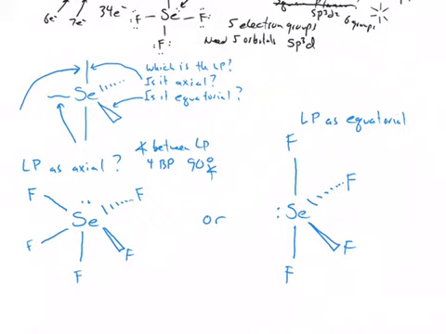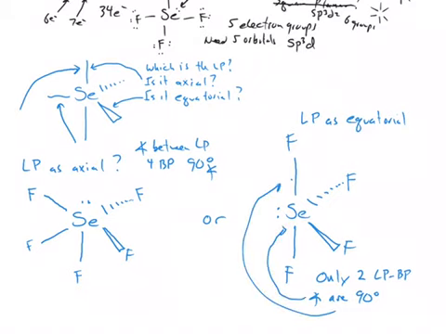Now what you can see is only two lone pair to bonding pair angles are around 90 degrees. Okay, so right here and right here. And the two others are greater than 120. So this is going to be the correct one, because there are fewer 90-degree angles and they're farther apart. And so this shape is seesaw.